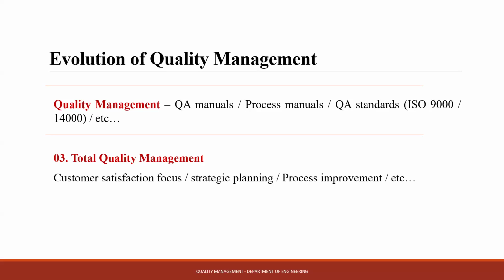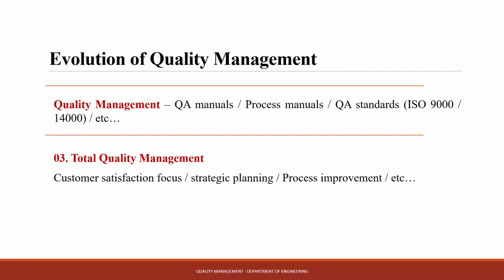Let's say the manual typically includes the policies, the procedures and the responsibilities, and different practices related to maintaining the quality within the organization. We can add them to our manuals.